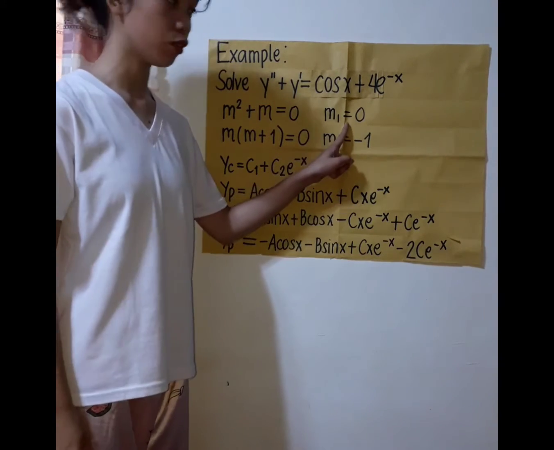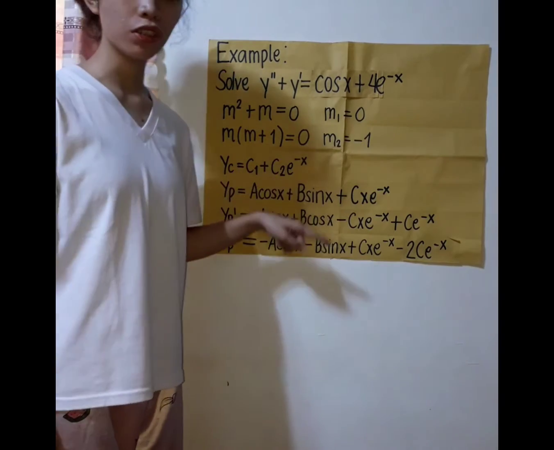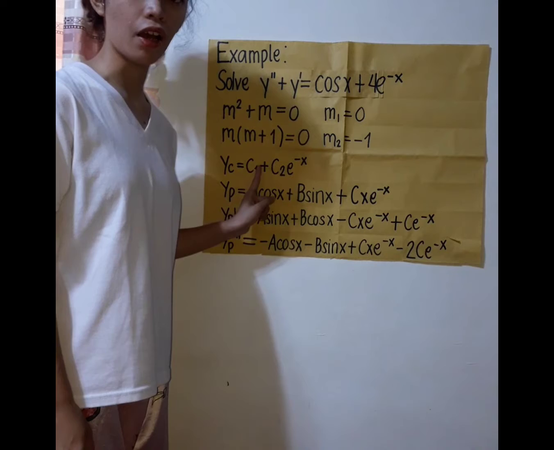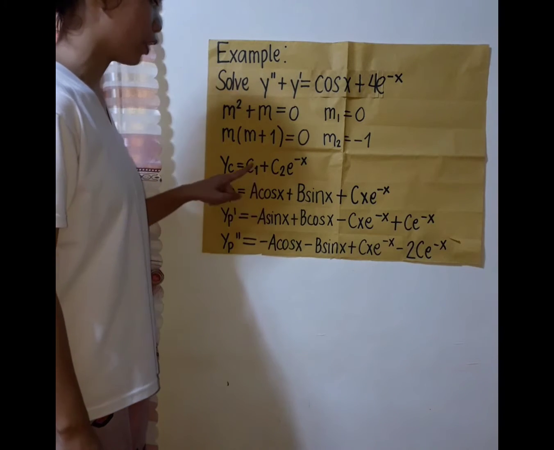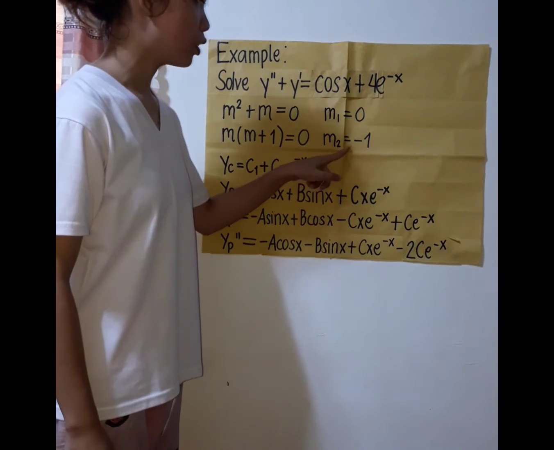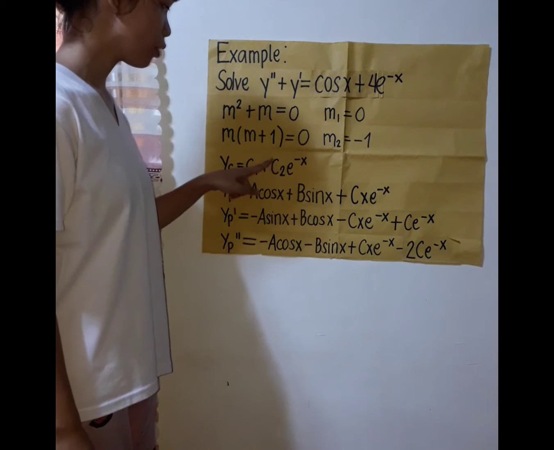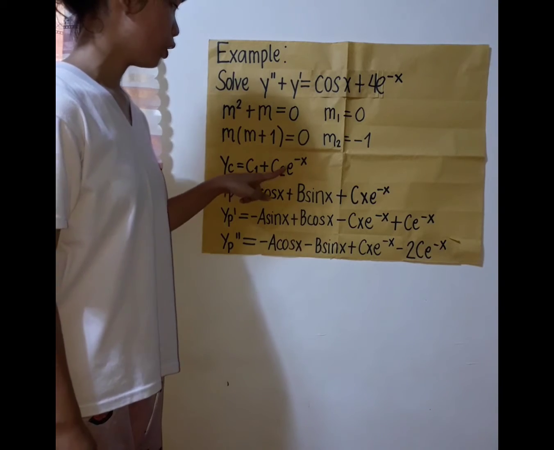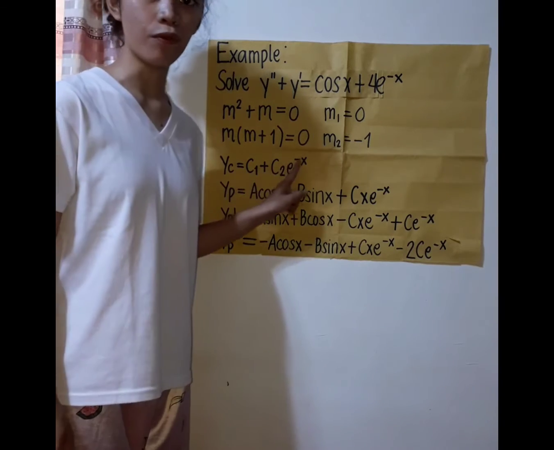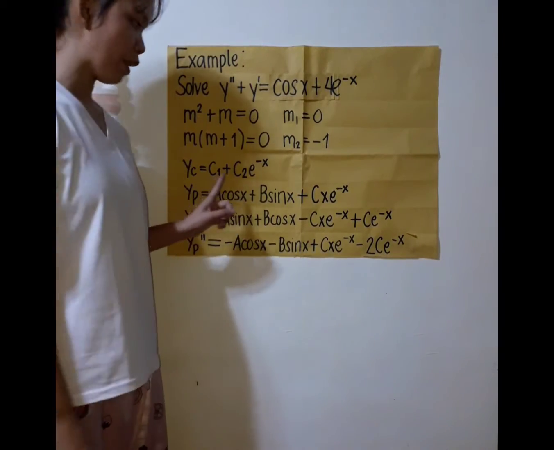And for the first root, it is m sub 1 equals to 0. So, 0 is to 1. So, magkakaroon tayo ng constant na 1, which is magiging c sub 1 plus the m sub 2 is equals to negative 1. So, ang magiging roots niya ay c sub 2 times e raised to negative x. So, di ba meron na tayong YC?